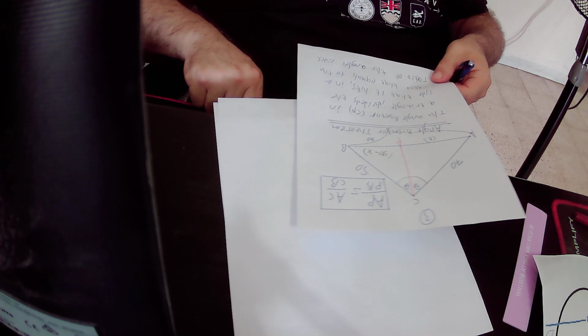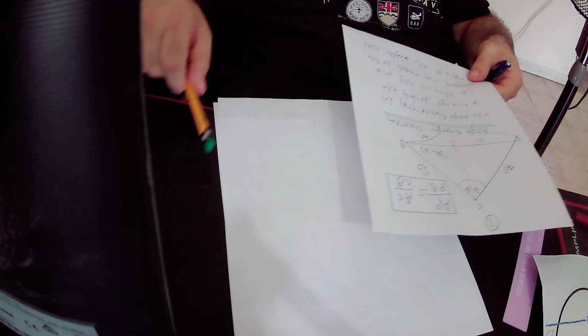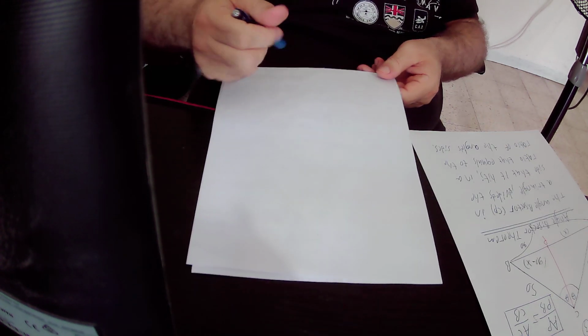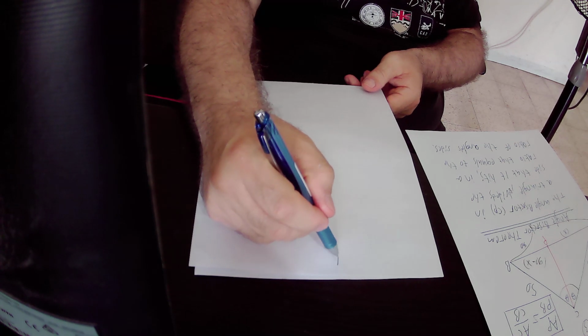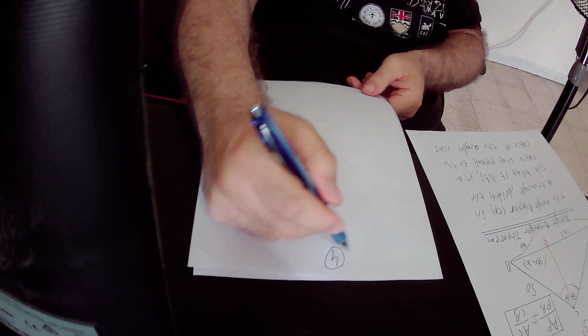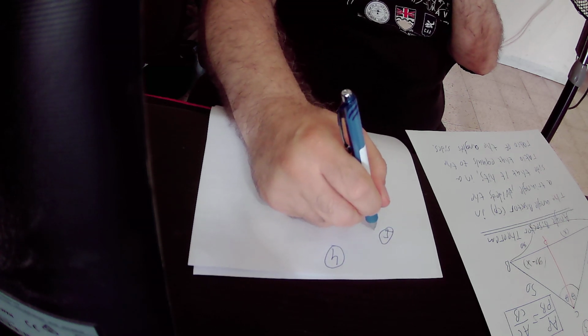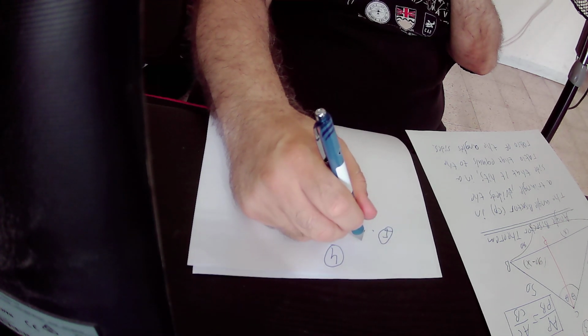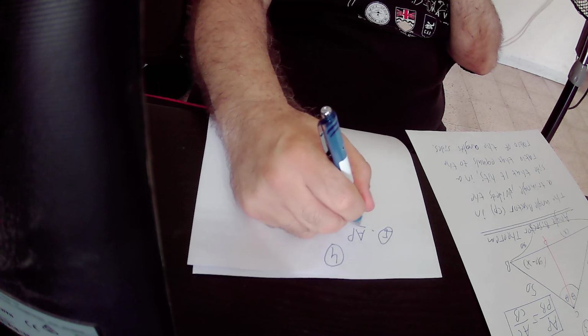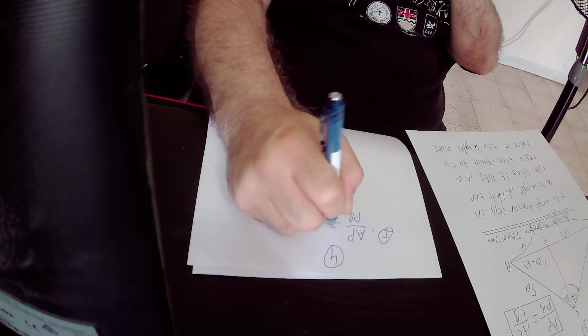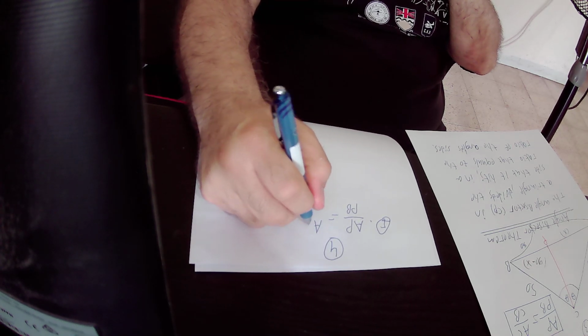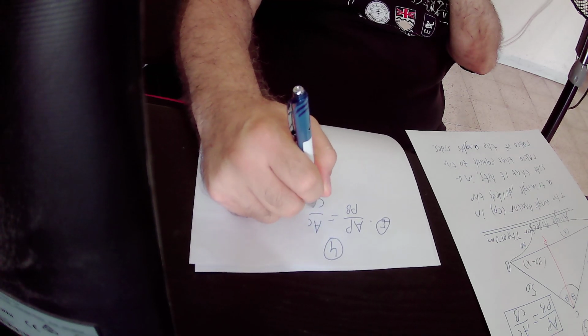I'll write the equation again and mark it as equation 1: AP over PB equals AC over CB.